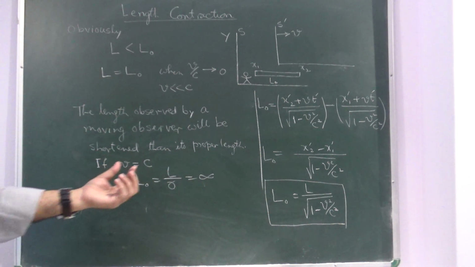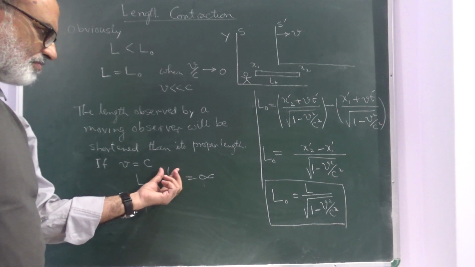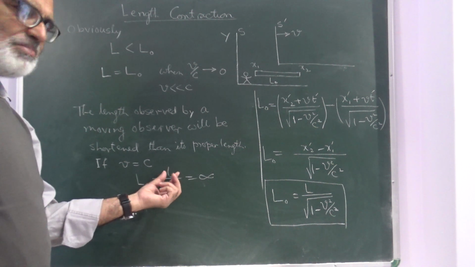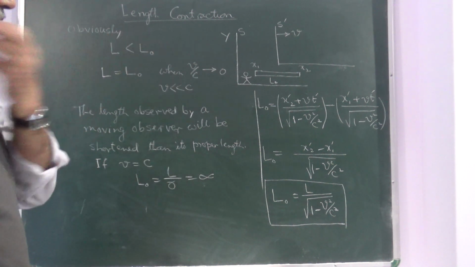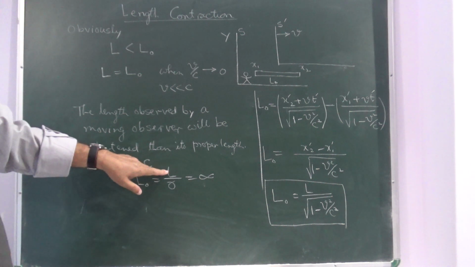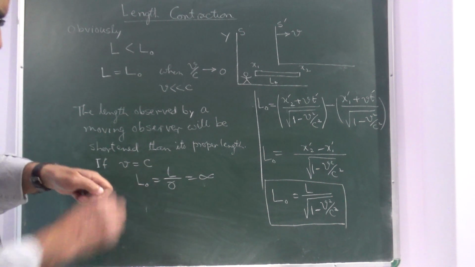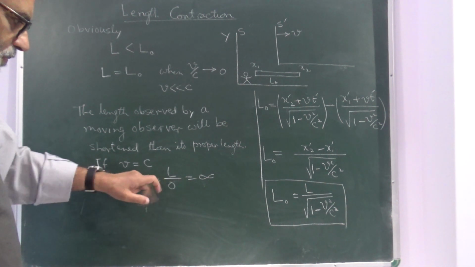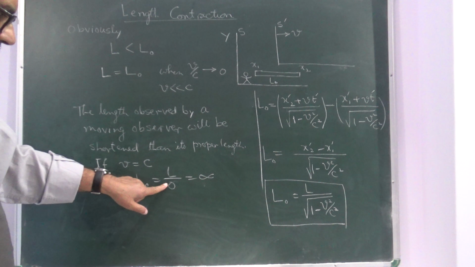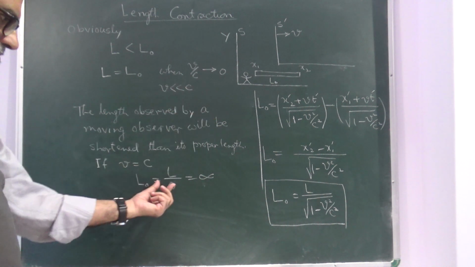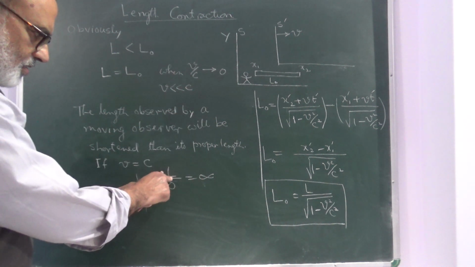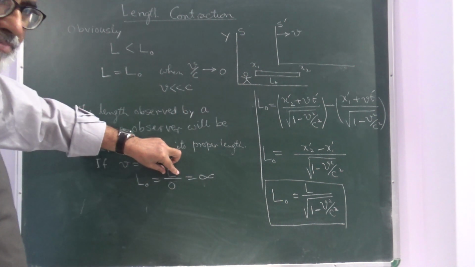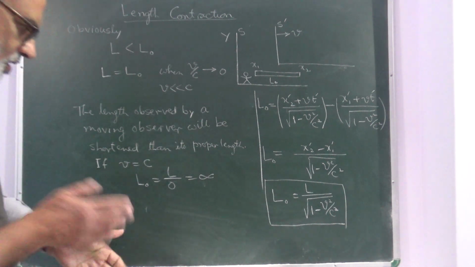It means L will be infinitesimally small. If the rest frame observer measures the rod length to be 1 meter, the reference frame moving with the speed of light will observe the same rod to be a point, because the factor is infinitely large. So this is called length contraction.